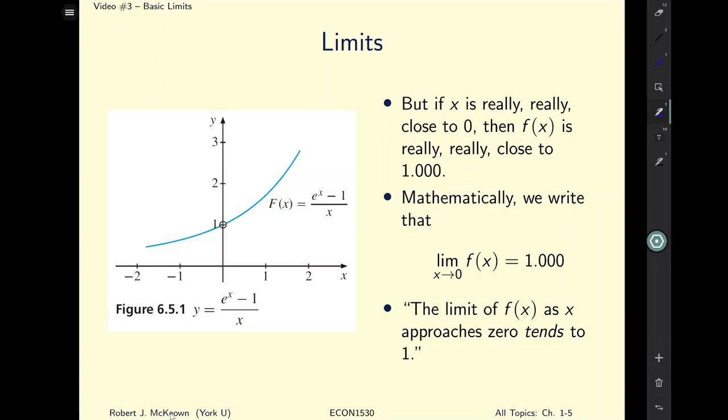Now, I think it's fairly clear, and I hope we all agree, that if x is really, really close to 0, f of x is going to be really, really close to 1.